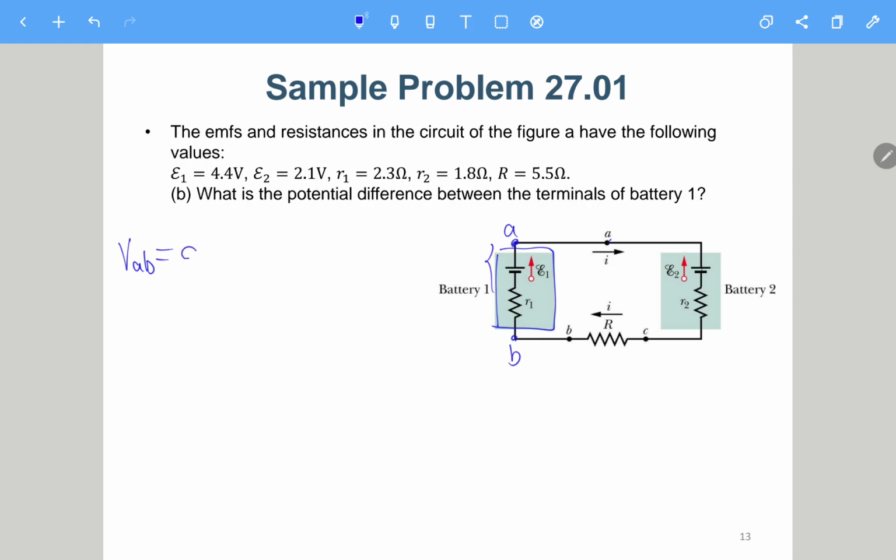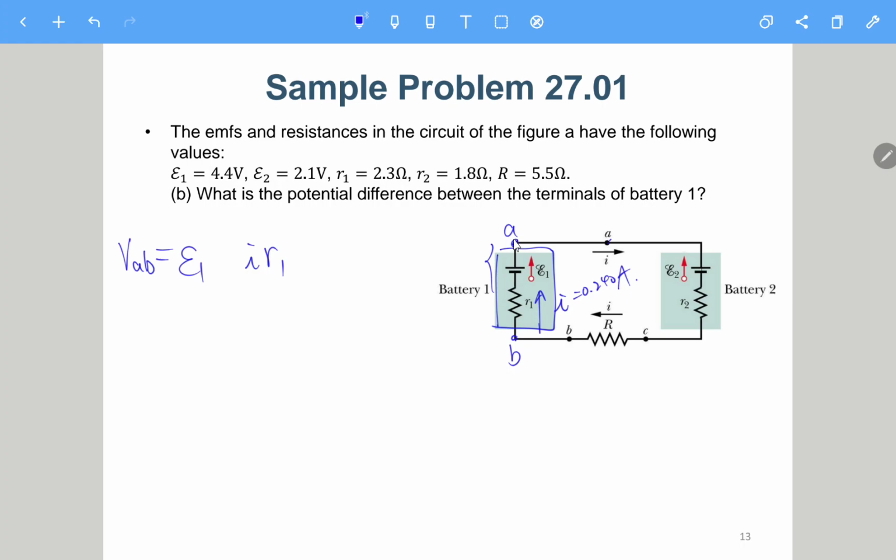Here we can separate into two parts. This one is actually E1. And we know that I is 0.240 A, from question A. From B to the middle point there will be a voltage drop I times R1. Whether we should add or subtract: the I is from bottom to top, so this one is higher, this one is lower.